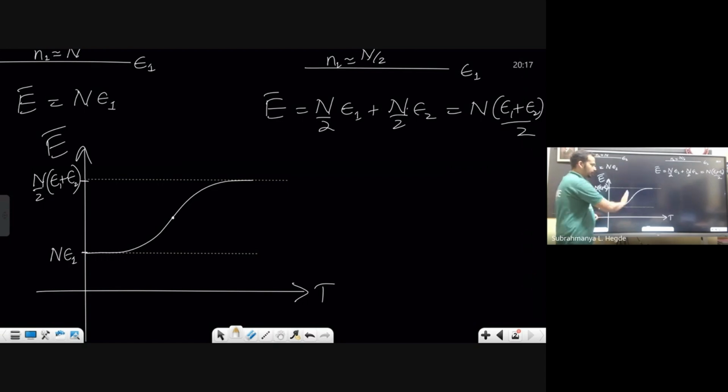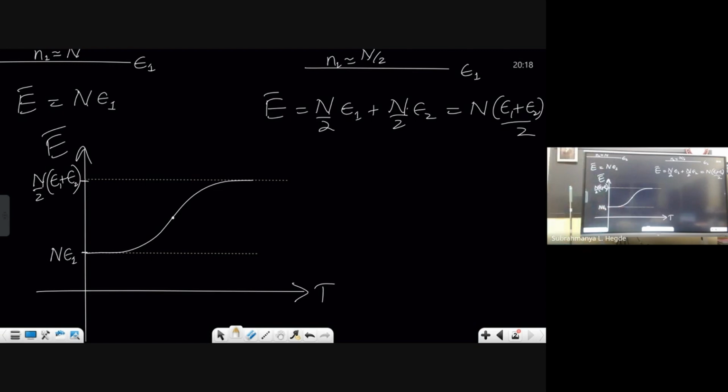It was concave upward, it became concave downward. You need the second derivative actually. First derivative has some value here, second derivative will be 0 at the point of inflection. So concave upward to concave downward, you have to go for the second derivative.